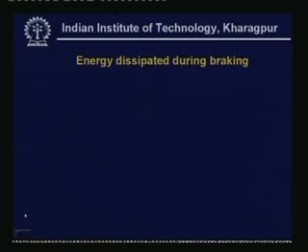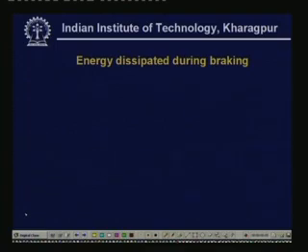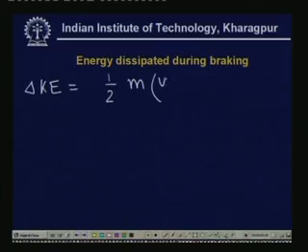That means what force is needed in order to bring the moving part to complete rest or to a lower speed. Normally when the part is moving, we definitely have one energy, which is the kinetic energy, and the change in kinetic energy depends upon the part which is moving. If there is a translating member, then we have half m, the mass of the translating member, times V2 square minus V1 square.